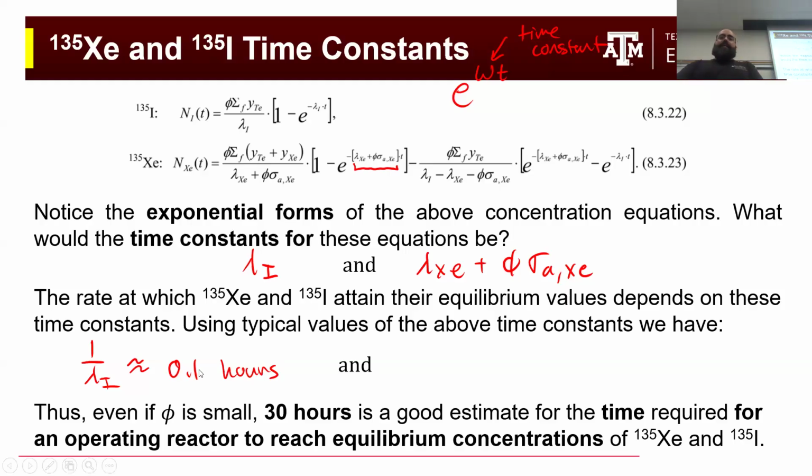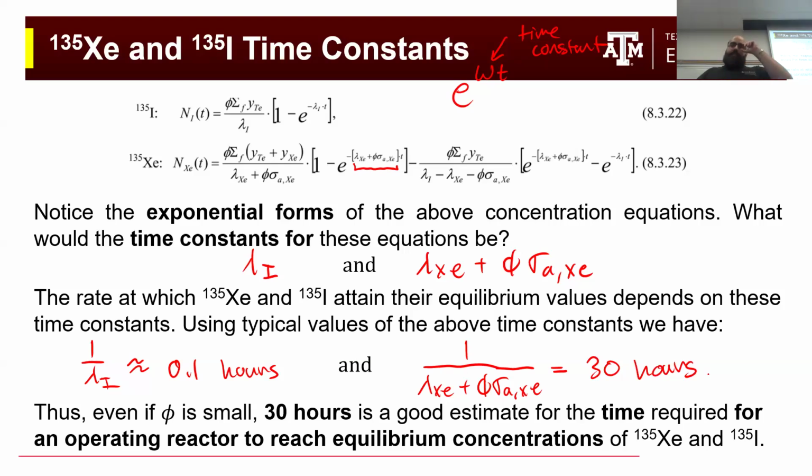So it takes about a tenth of an hour for the amount of my iodine to change by a factor of e. And for the other time constant, 1 over lambda for xenon plus phi times sigma A for xenon, if I use typical values, I get about 30 hours.